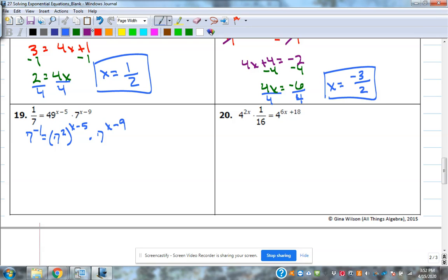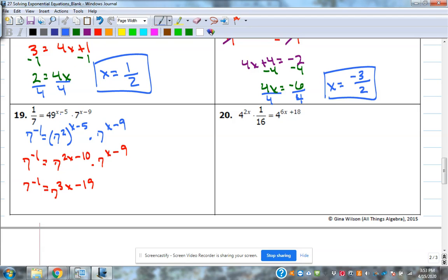Now everybody's got the same base, but I'm going to simplify the right-hand side. So that's 7 to the 2x minus 10 times 7 to the x minus 9. Again, this is 7 to the negative 1. And then I'm going to combine like terms here by addition. So 2x plus x is 3x. And then negative 10 plus negative 9 is negative 19.